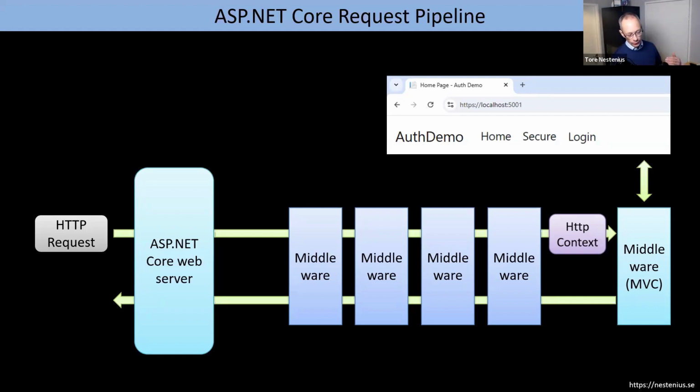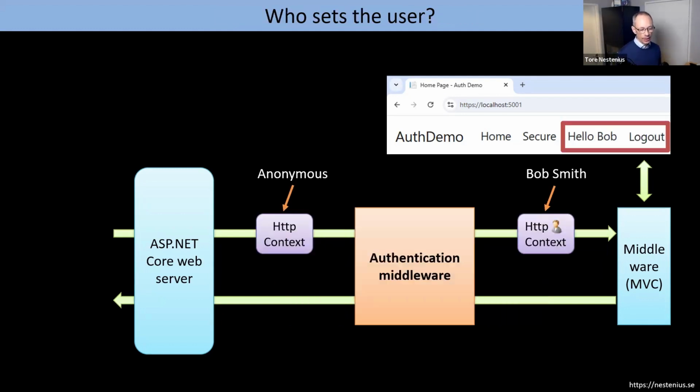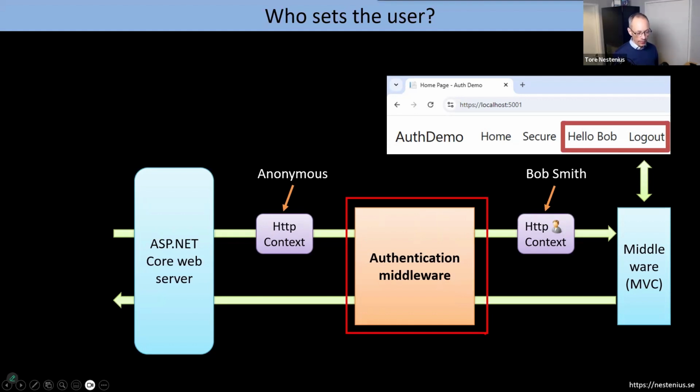Then it renders the page, puts the page into the context, and then it goes back through the pipeline, back to Kestrel, our web server, and then it can be translated back into an HTTP response. So that's the fundamental internals of ASP.NET Core in general. But in our case, the one that sets the claims principal object is the authentication middleware.